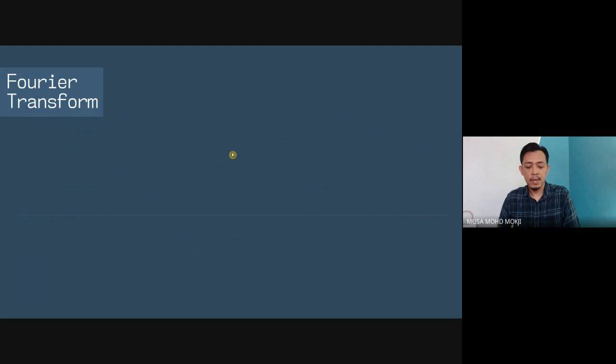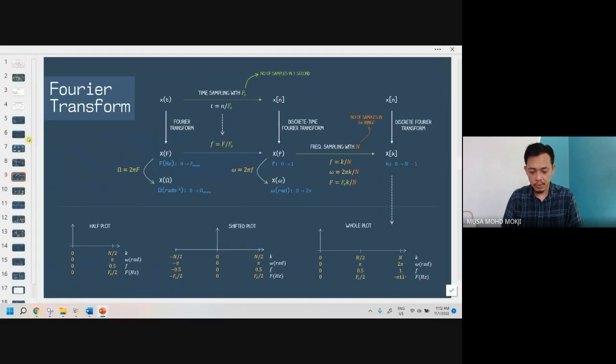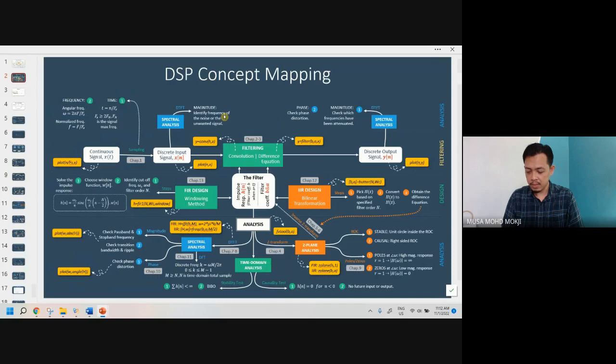We have seen several reasons why we do a frequency analysis, a spectrum analysis.